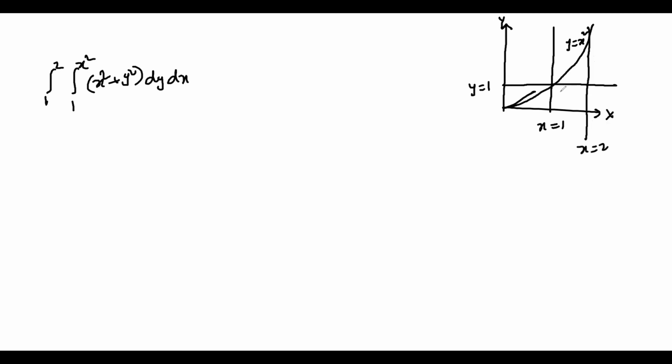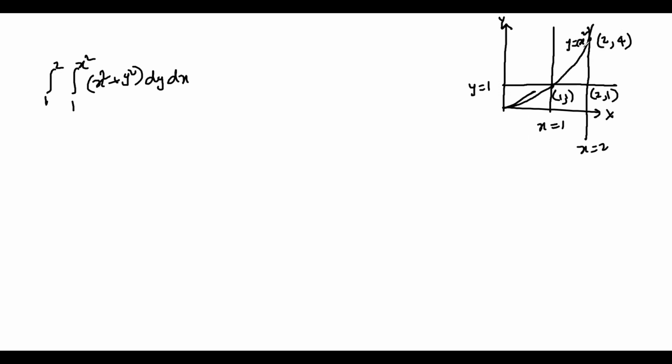If it is x is equal to 2, what about this point? 1, 1. What about this point? x is equal to 2, y is equal to 1. What about this point? x is equal to 2, y is equal to 4, because whenever x is equal to 2, once you substitute over here, the y value comes as 4. So this we can clearly understand.